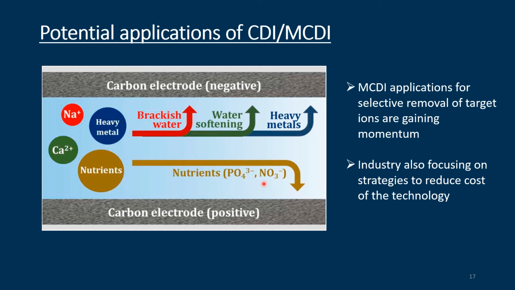You don't have to remove all the minerals, like iron, which is a very good mineral for the human body. Calcium and magnesium you don't have to remove in your groundwater system, but you need to remove some arsenic or nitrate. So in this case you can apply CDI specifically. We can also remove some of the target compounds.